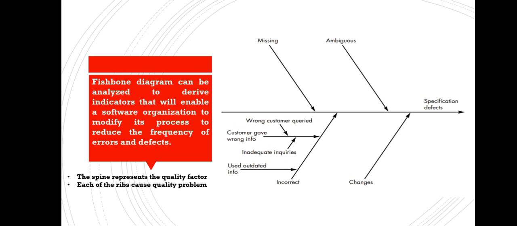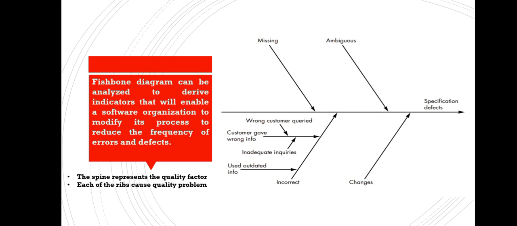The spine line, represented with a horizontal arrow, is identified with only the quality factor, whereas the diagonal lines that are represented on the horizontal line are used with the term rib. Each of the ribs causes a quality problem. The spine represents the quality factor and the ribs cause quality problems.